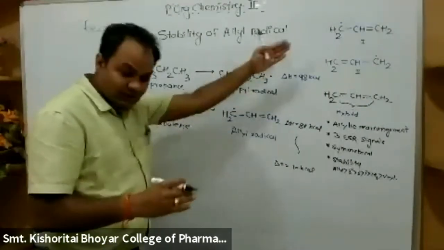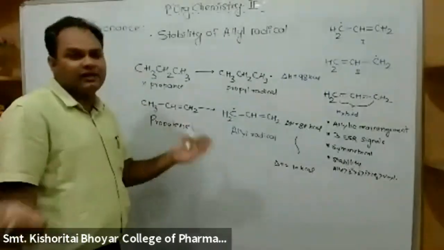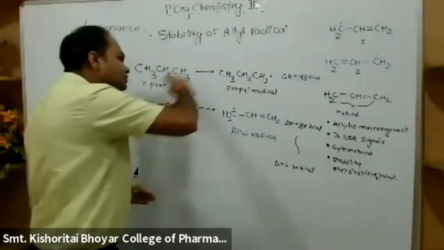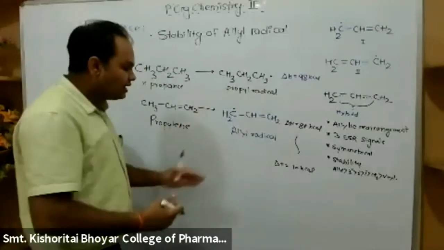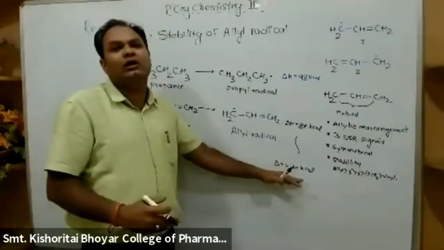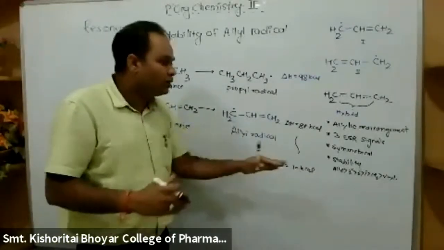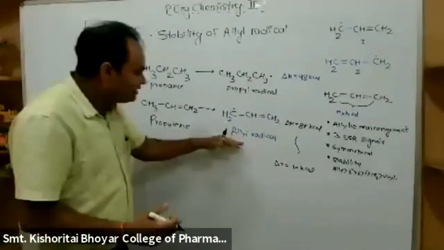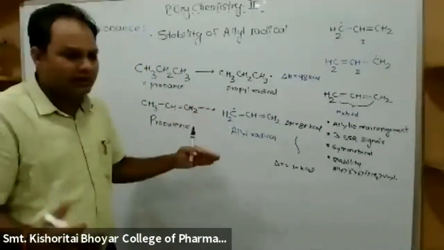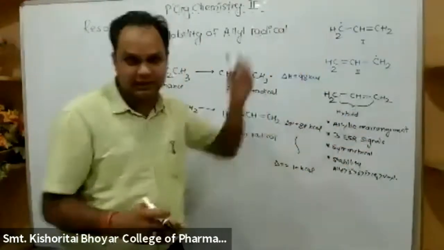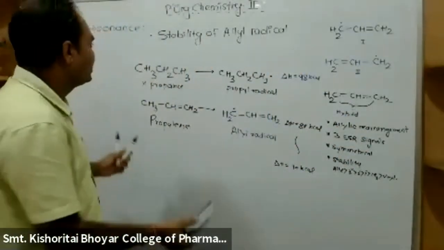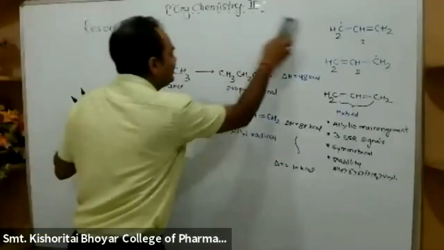And from the resonance theory, we know the stability of the allyl radical. On the basis of the dissociation energy data, it has 10 kilocalorie less energy. So again, it proves that the allyl radical is much more stable as compared to the tertiary, secondary, primary or methyl radical. So this is all about the stability of the allyl radical.